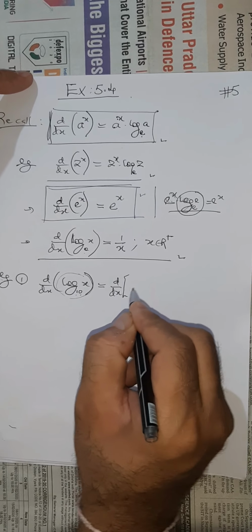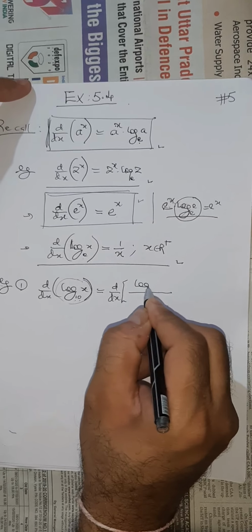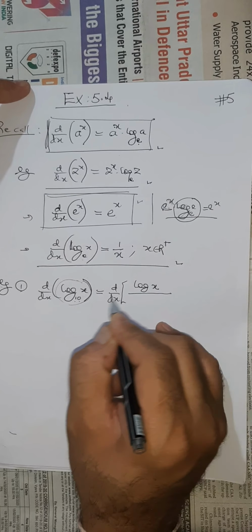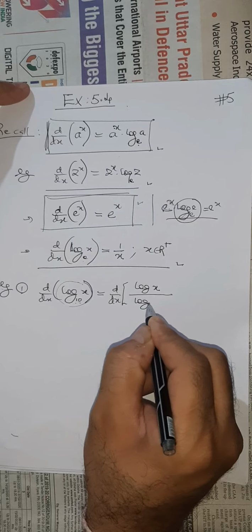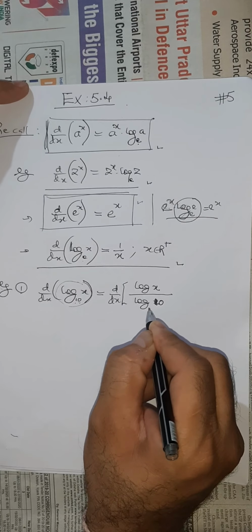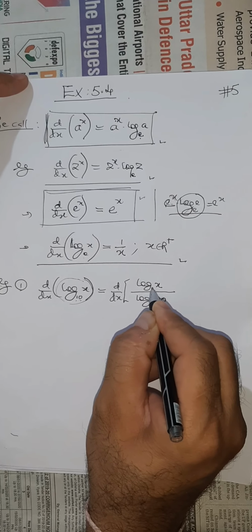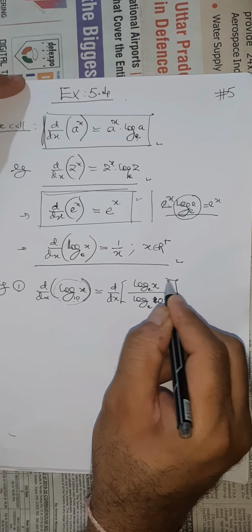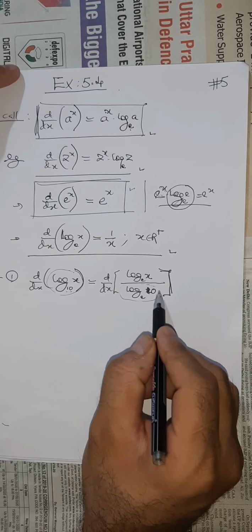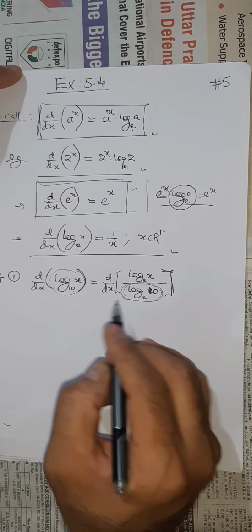It is a division of logs: the variable x goes to the numerator, the old base goes to the denominator, and the new base is the one you want. Which base do you want? Base e. Whenever you differentiate, you require base e, remember. This is the change of base. Now this is a constant. You see there is no variable involved in this.